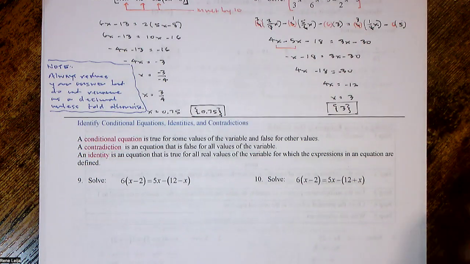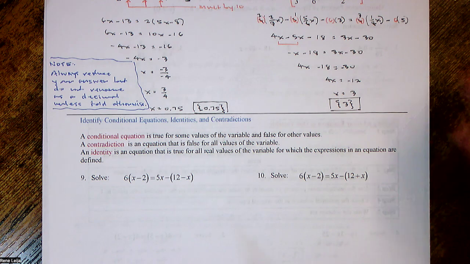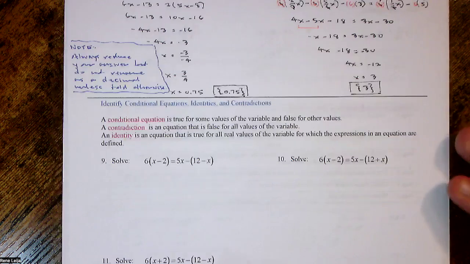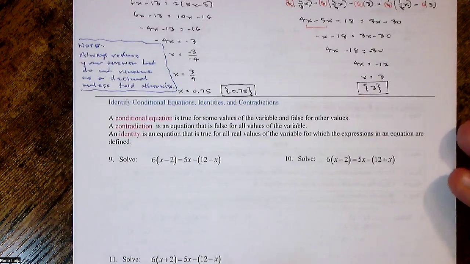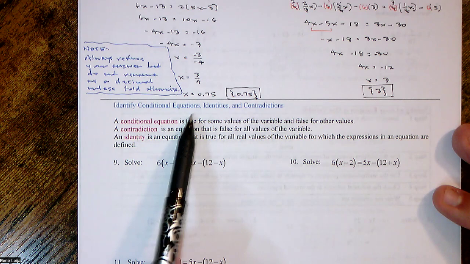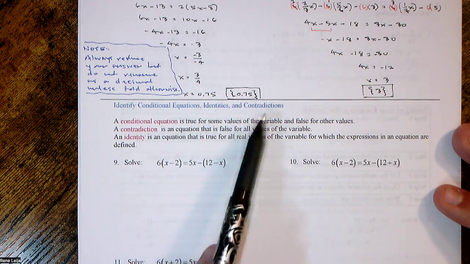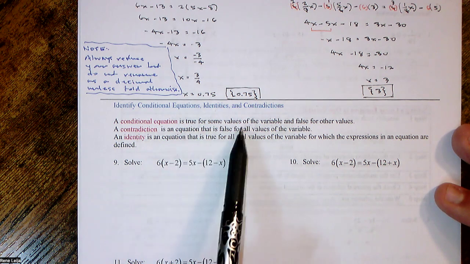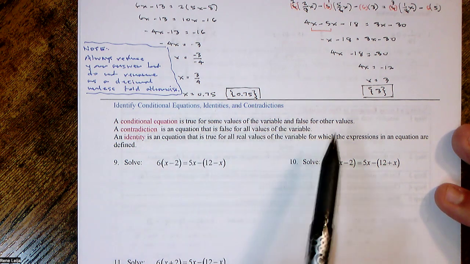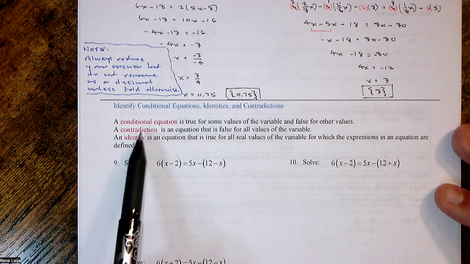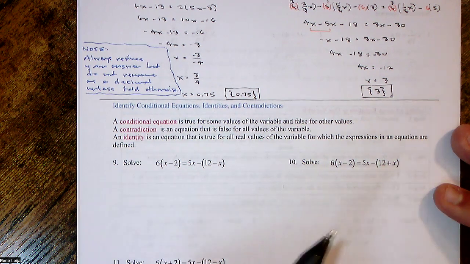Okay. All right. Now, the next thing we talk about are special conditions for equations. So we're going to identify a conditional equation, an identity, and a contradiction. So a conditional equation is true for some values of the variable and false for other variable values. So in other words, a conditional equation is everything that we've done so far.